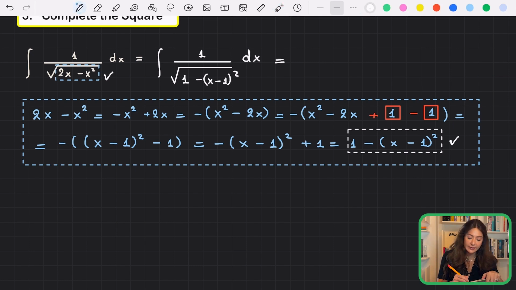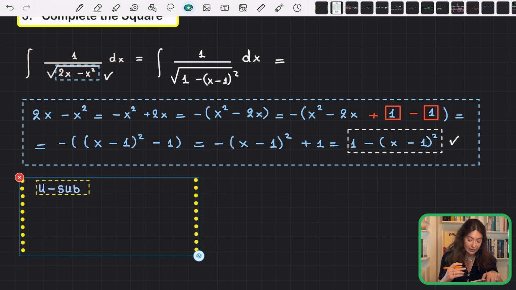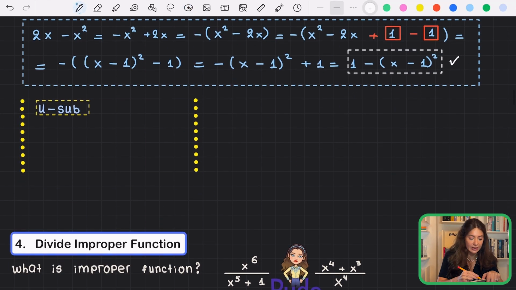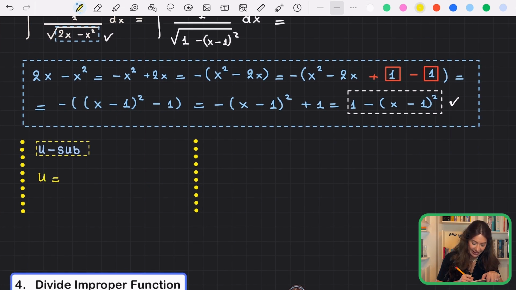So if derivative of x minus 1 is 1, that means that du will be dx. So u substitution is optional, but I've talked about it so much, might as well do it so that we take everything slowly. Okay, so u is x minus 1, du is dx, or 1 times dx.